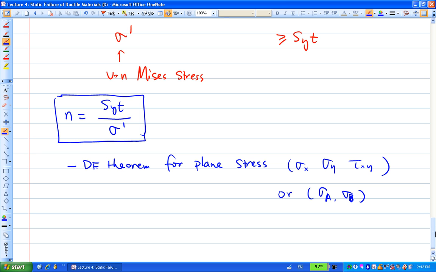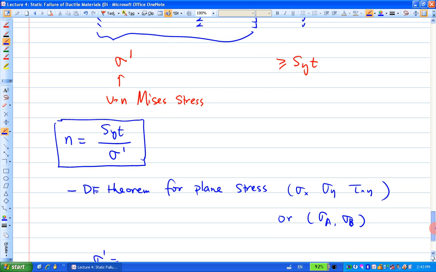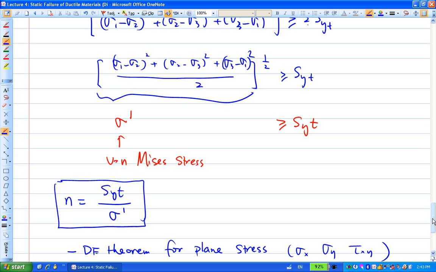I've skipped the derivation. So then your sigma prime, the von Mises stress, is calculated based on this formula here.